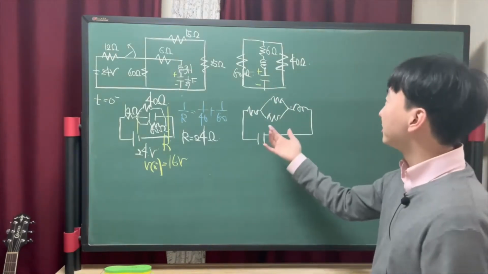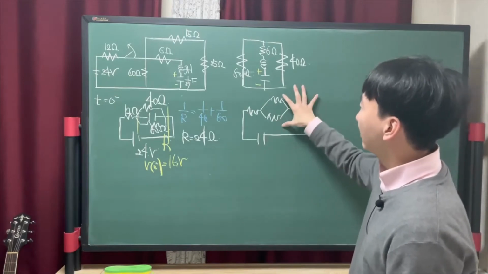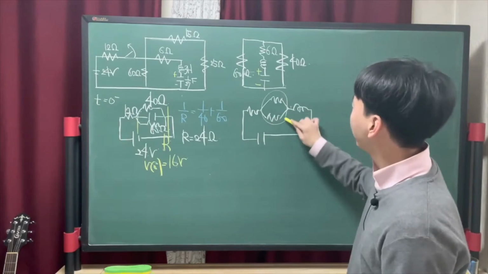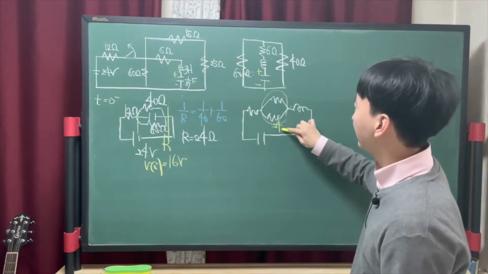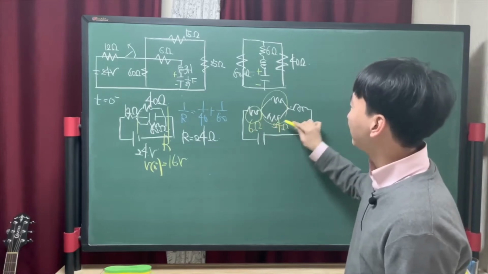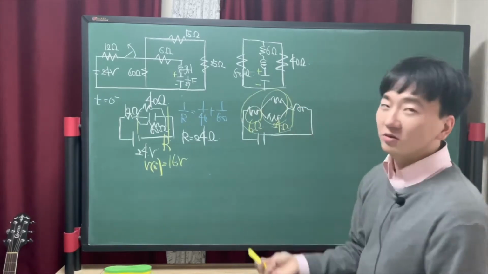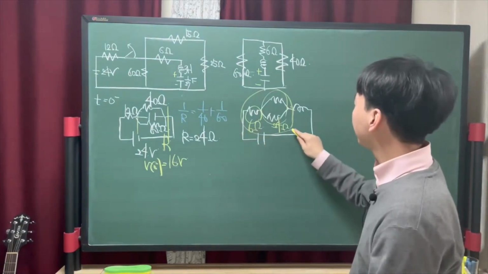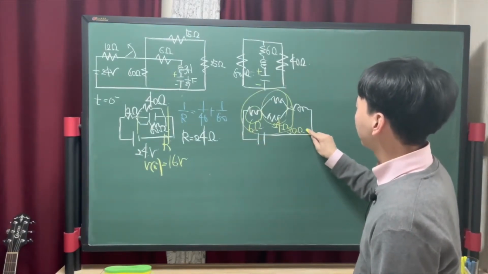We got here that this amount is 24 ohm and this is 6 ohm, and totally in the RLC circuit, this is 30 ohm.